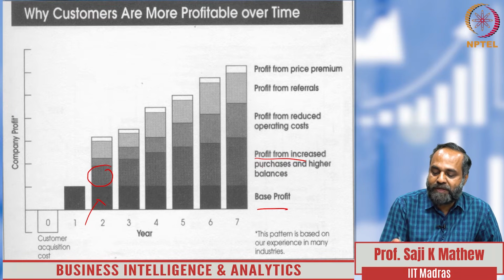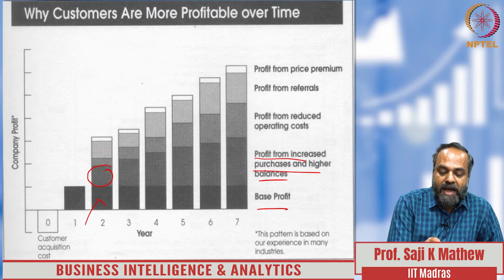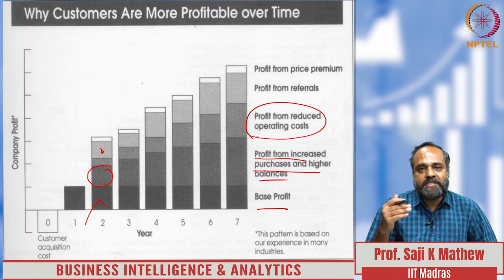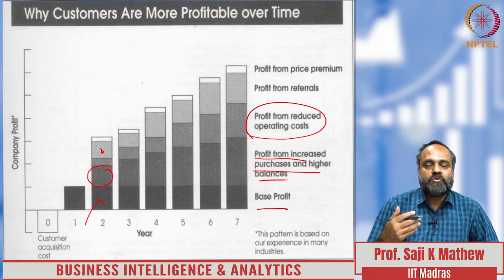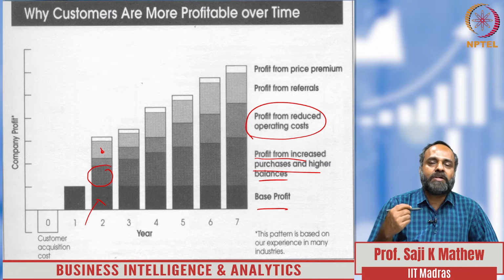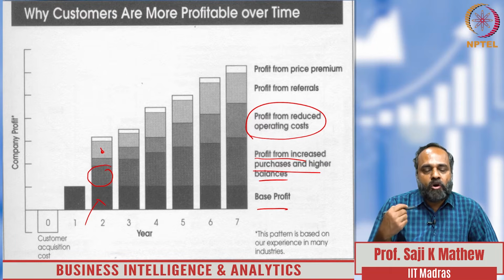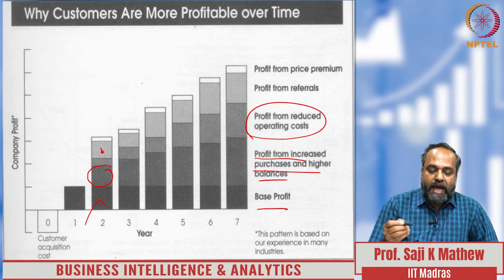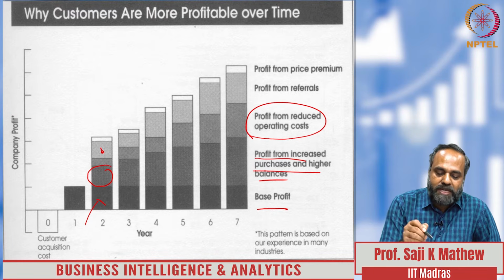This is profit from increased purchases and balances, and the gray here is profit from reduced operating costs. As a customer continues to stay with you, the cost of serving that customer actually comes down. For example, the customer will make fewer calls to a call center because the customer knows a lot more about how to use the product, and that is where the cost starts coming down.